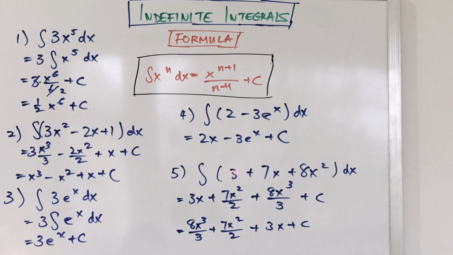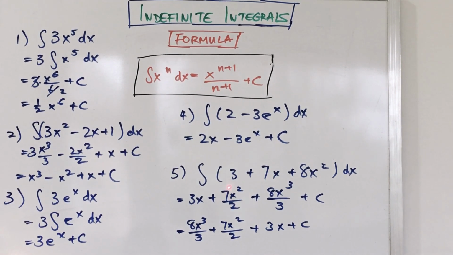So 3 is just the same thing as 3 times x to the 0. So if you integrate 3x to the 0, that becomes 3x, because you just use the formula: the integral of x to the 0 equals x to the 0 plus 1 over 0 plus 1, which is 3 times x.